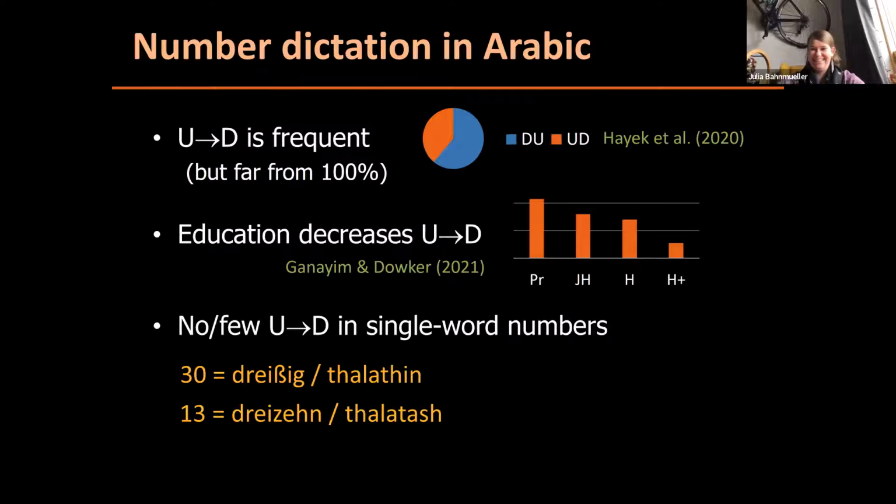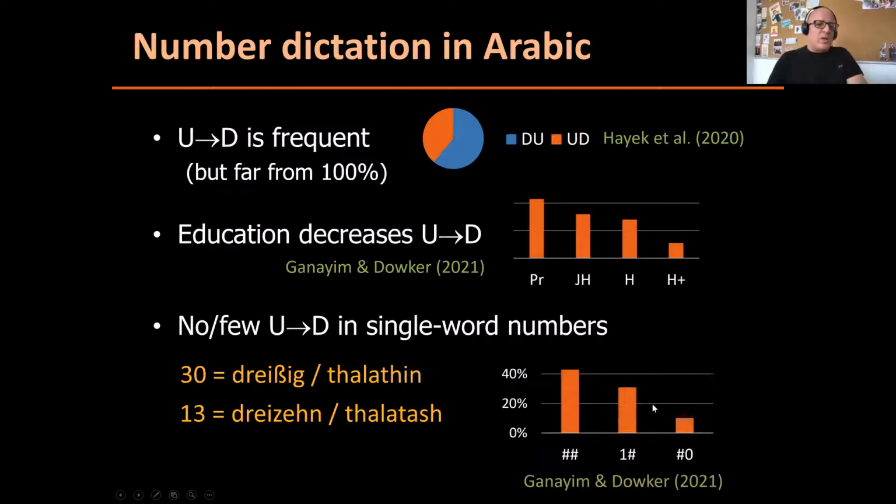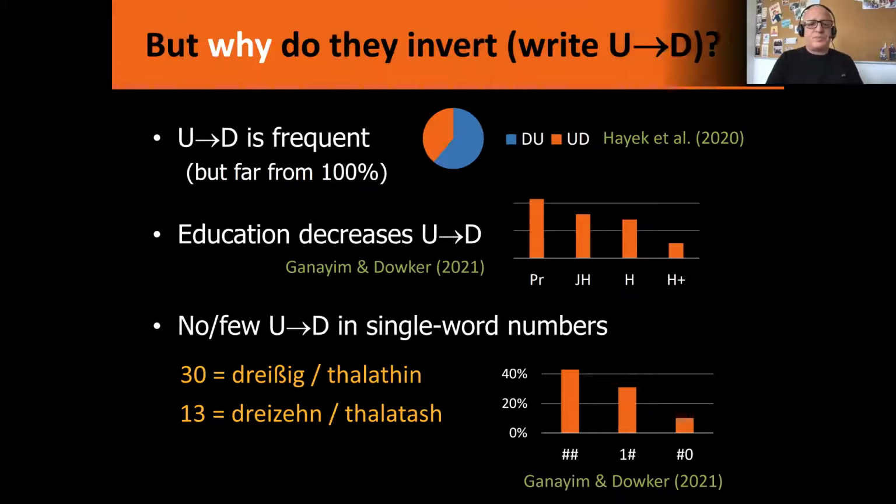Okay, thank you. I got this one right. So in these numbers, we see the writing of unit decade. Decade is more rare. And when the number contains 2 words, the unit then decade writing is more frequent.